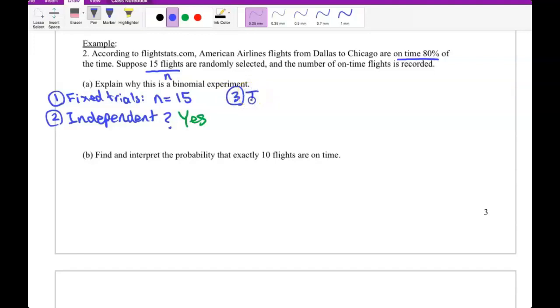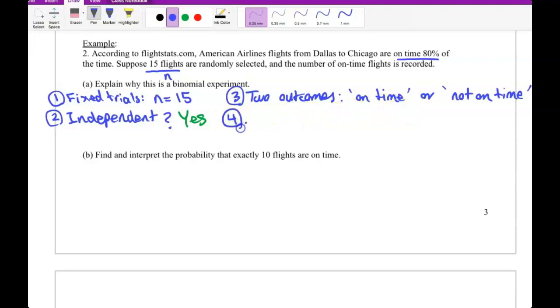Our outcomes are whether we have on-time flights or not: on time, or not on time.